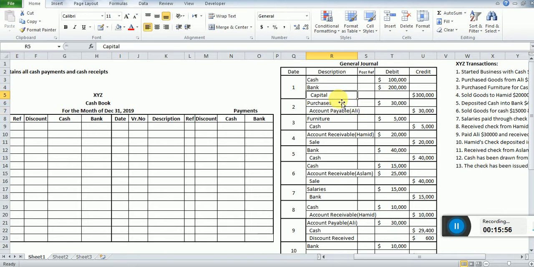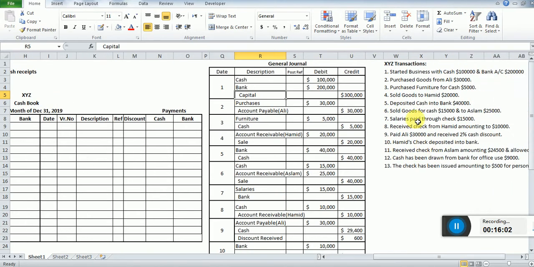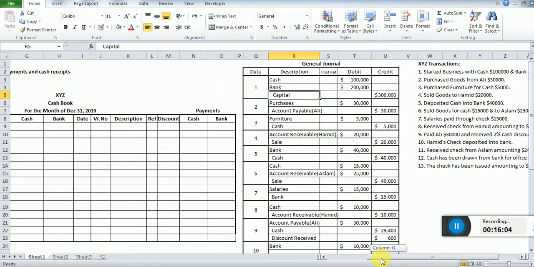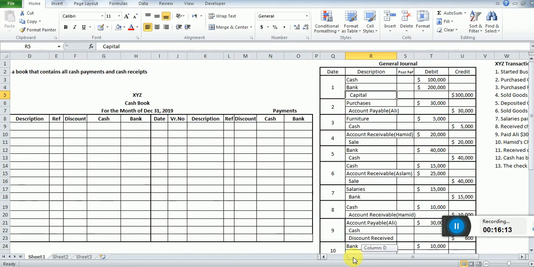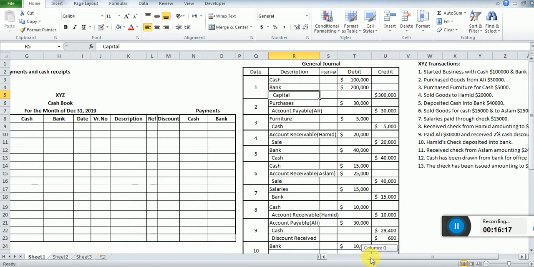Okay, dear students, now I'm teaching you how you can post and record all these values in the cash book. Once again, I'm repeating, you need not record them in the general journal. You can directly record them here in the cash book, but just for the purpose to let you know about the debit and credit entry and to make this concept clear for you.